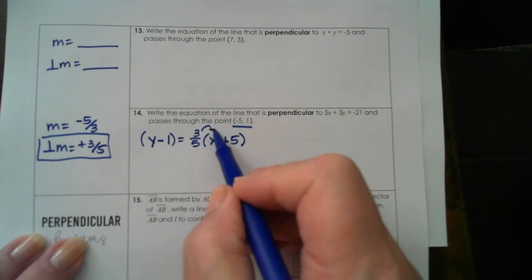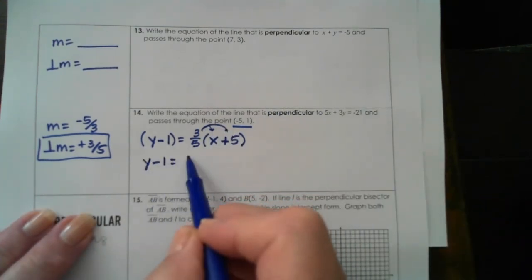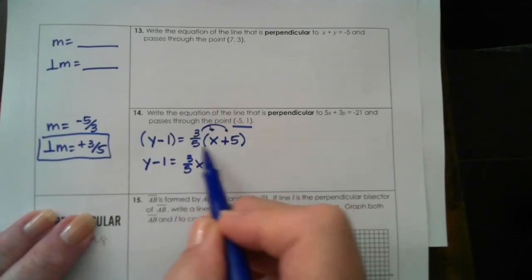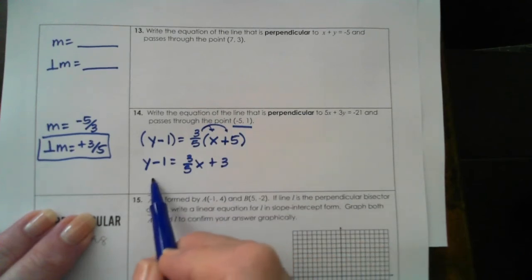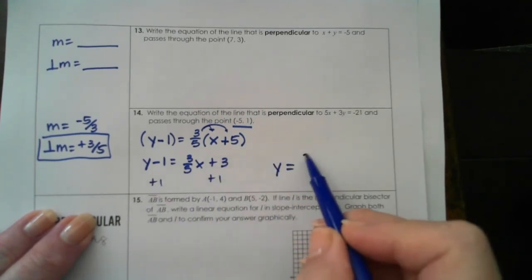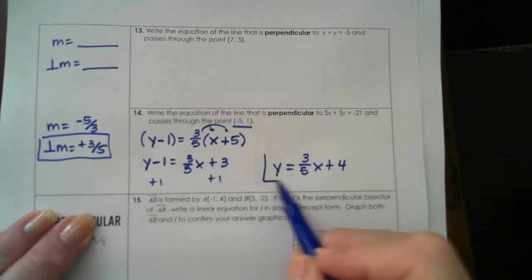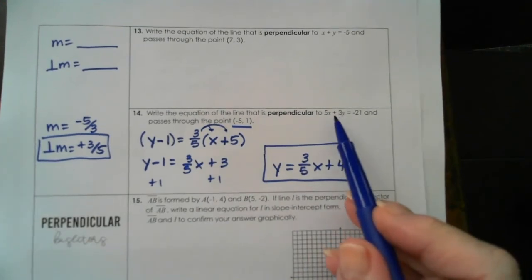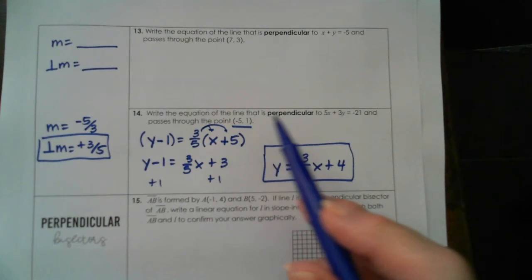We're going to distribute that 3/5, and we're going to get y minus 1 equals 3/5 x. 3/5 times 5, the 5's cancel, and we end up with 3. We're going to add 1 to both sides, and we end up with y equals 3/5 x plus 4. And that is an equation of a line that is perpendicular to the given one, but goes through the point negative 5, 1.